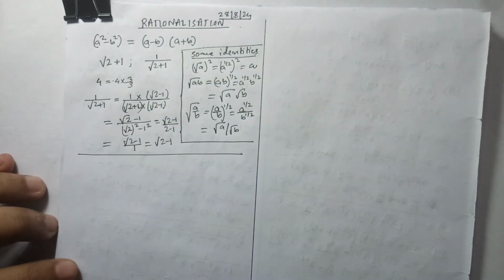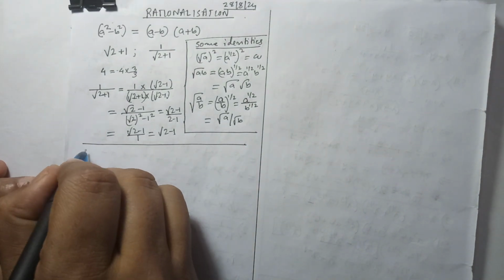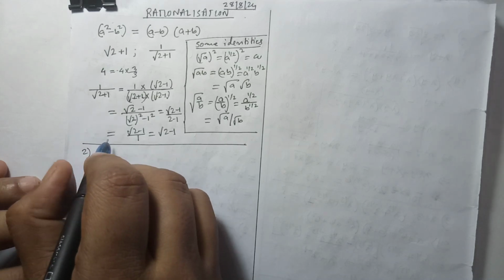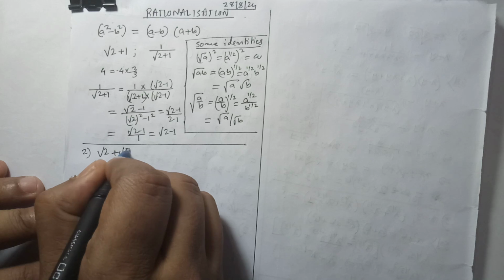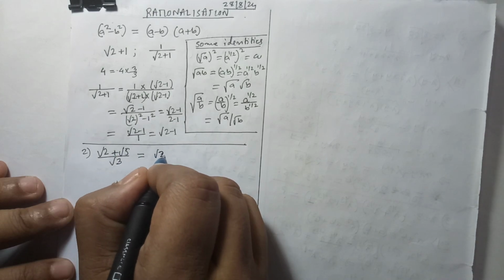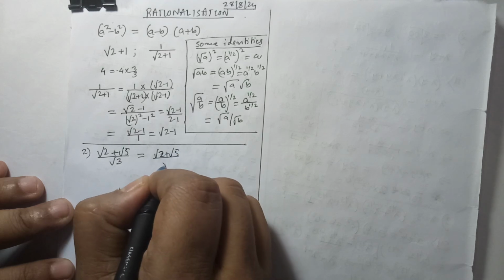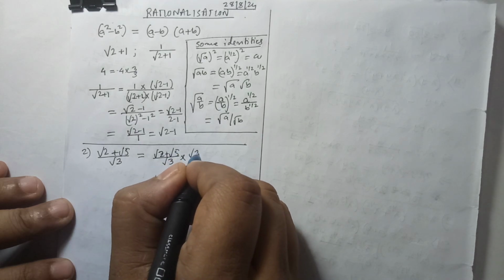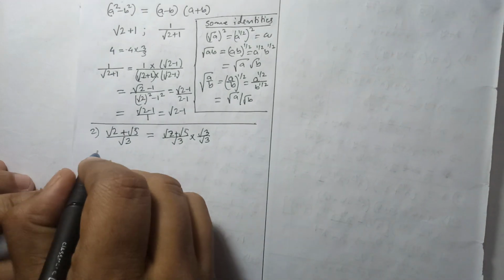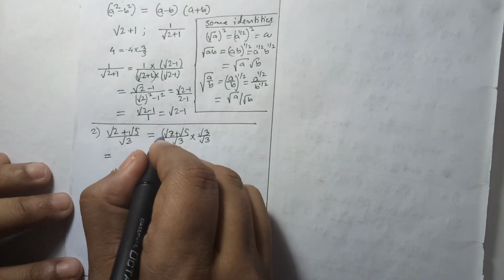If we have 2 root 2 plus root 5 by root 3, with what will you multiply? We convert it into an equivalent fraction, root 3 by root 3. So what do I have?